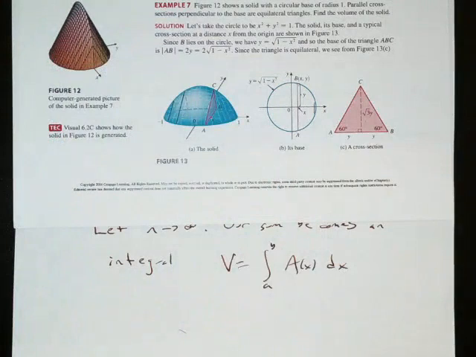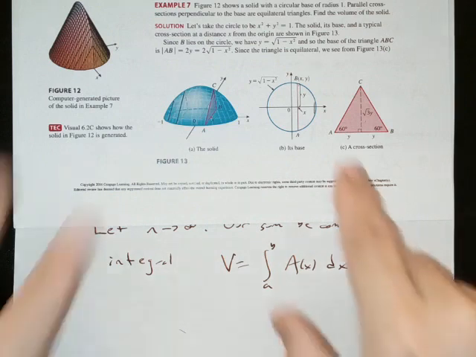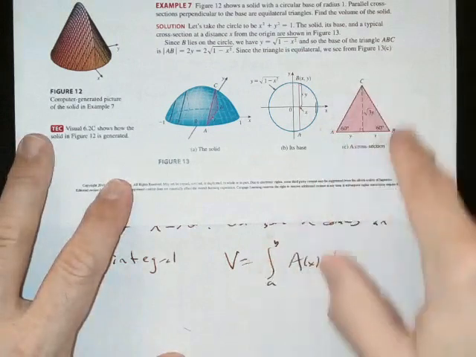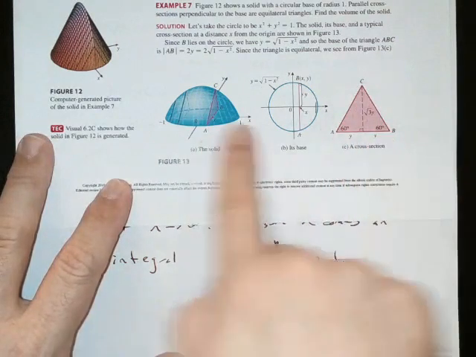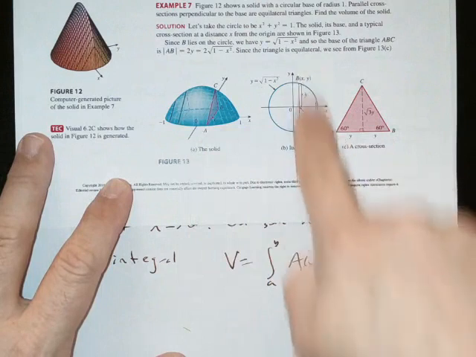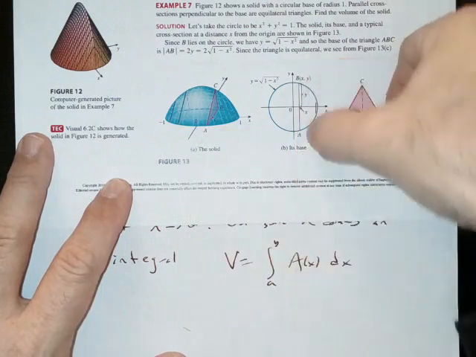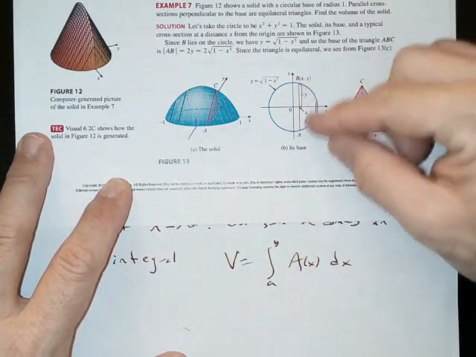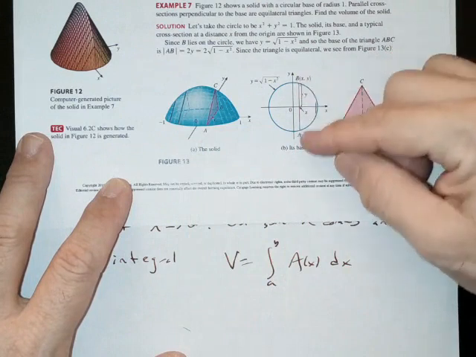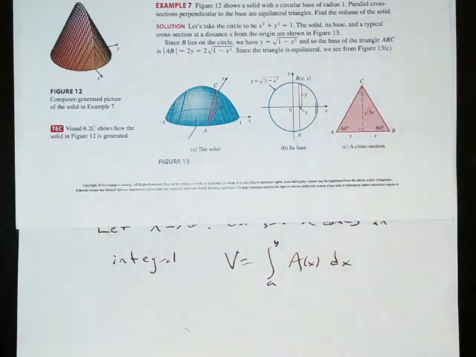I need a function for the area of the triangle at point x. But an equilateral triangle will be here, and that means its base is twice the y value along the circle. Wait a minute.